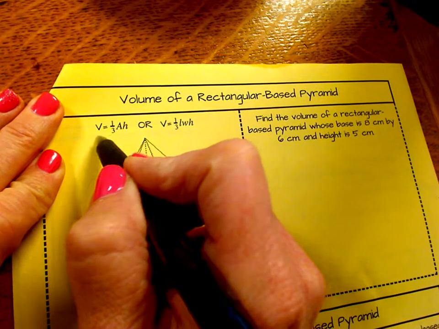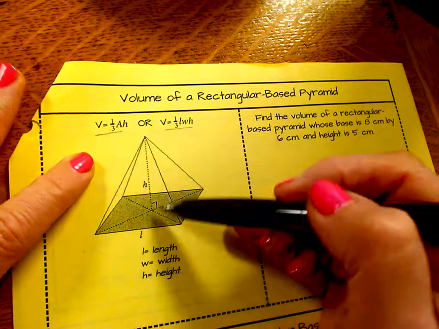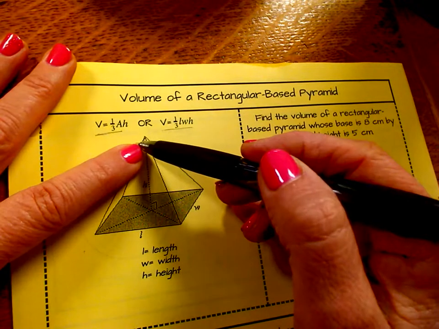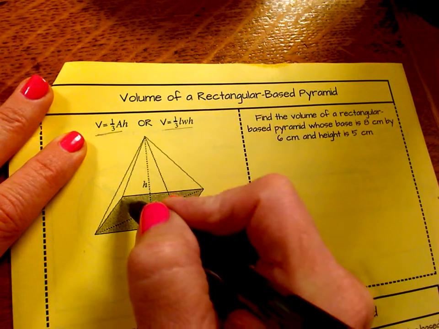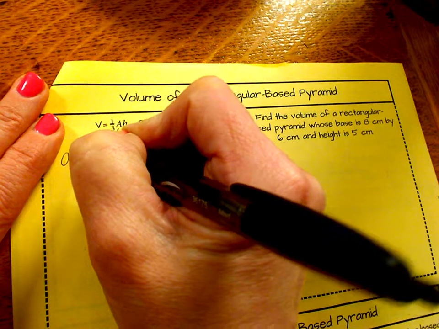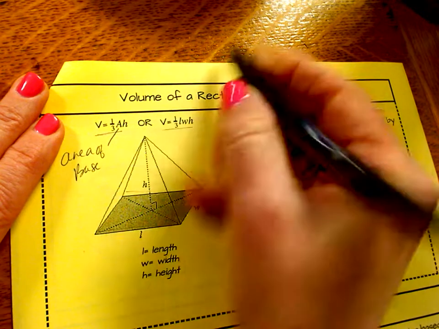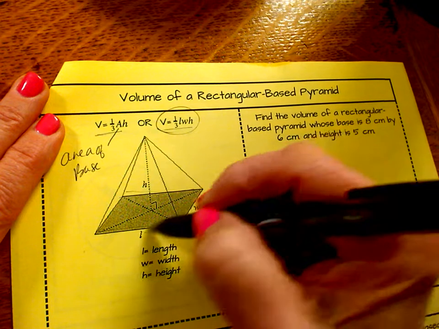Okay, so look at the 2 equations for finding the volume. We have 1/3, so it's very similar to the cone. So it's 1/3, but they have a capital A here. That A means the area of the base. So I rewrote it here so you can see this area of a rectangle is length times width.